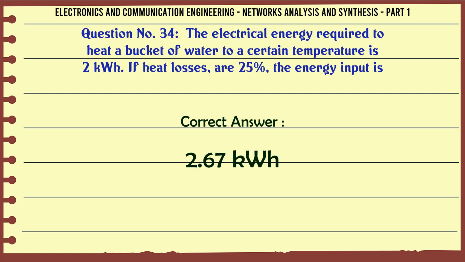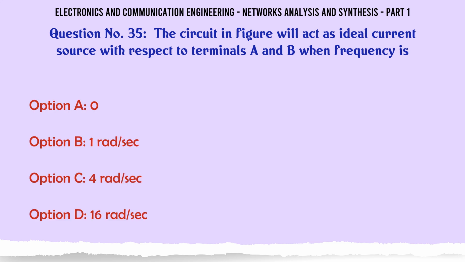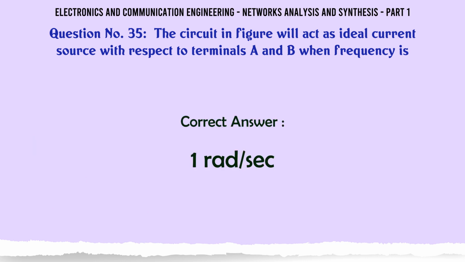The correct answer is 2.67 kWh. The circuit in figure will act as an ideal current source with respect to terminals A and B when frequency is A 0, B 1 rad/sec, C 4 rad/sec, D 16 rad/sec. The correct answer is 1 rad/sec.